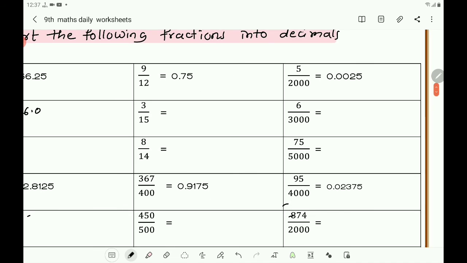Here also, 6 by 3000 is there. 6 by 3000 means you can convert it into 2 by 1000. Very easily you can convert, because 3 2s are 6, you will get 2 by 1000. Easily you can convert into fraction. 2 by 1000 means, first you write 2, and take how many zeros should be taken, and convert.